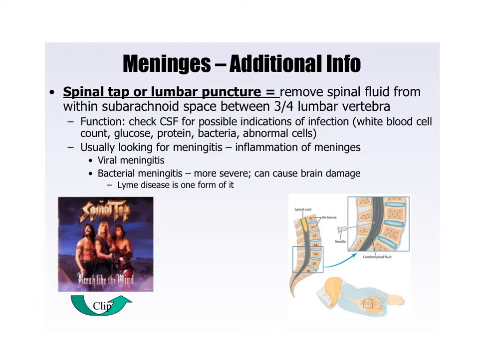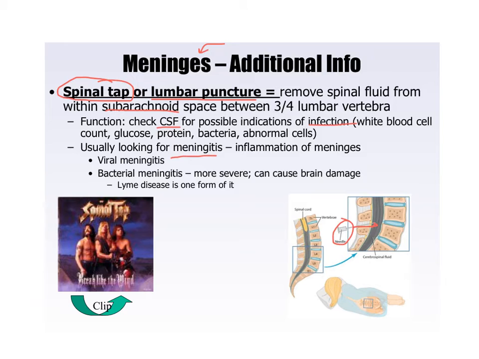Another procedure that can be done in the same region of your body is called a spinal tap or a lumbar puncture. This also involves a needle. Now this is where they're going to insert that needle into the subarachnoid space to remove some cerebrospinal fluid. Now this is usually done to check for some sort of infection, and that's what's called meningitis, and that's an inflammation of the meninges.